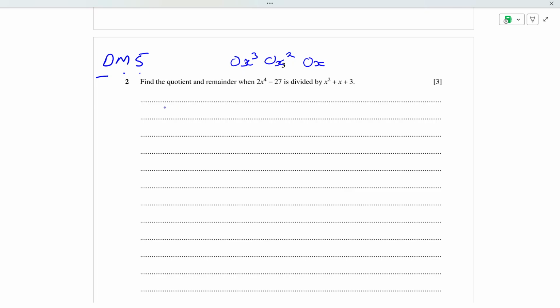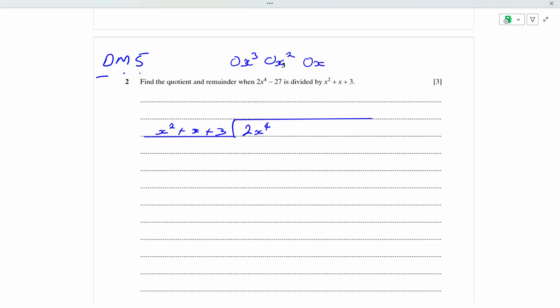So you write your divisor, x squared plus x plus 3. When you're setting up for the division, you want to have these placeholders so that when you do your subtractions, the x terms and their exponents will line up well.